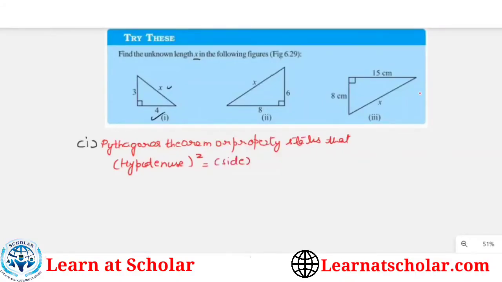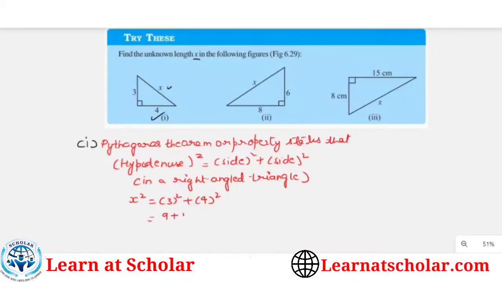Pythagoras property states that hypotenuse square is equal to the sum of the squares of each side in a right angle triangle. So x square will be equal to 3 square plus 4 square. So the value of x is 5.